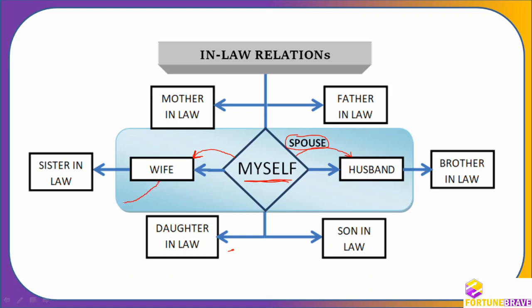Now what is this sister-in-law? Sister-in-law is first one, my wife's sister. Okay, my wife's sister is sister-in-law. Or there can be one more, my brother's wife. One is my wife's sister, and second one is my brother's wife.